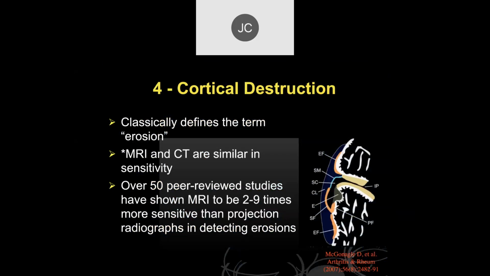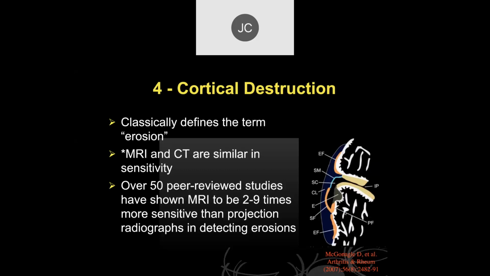As we're talking about, this is an old study from 2007 by McGonigal et al. In England, where at this time, as I was taught in medical school, the erosions were thought to change in the bare area between the articular cartilage and the attachment of the capsule.